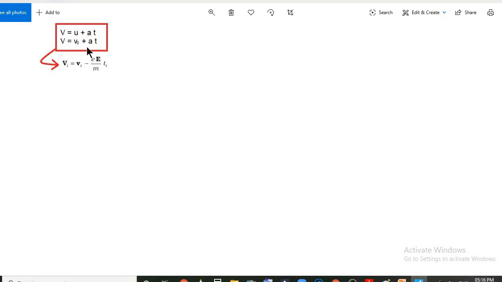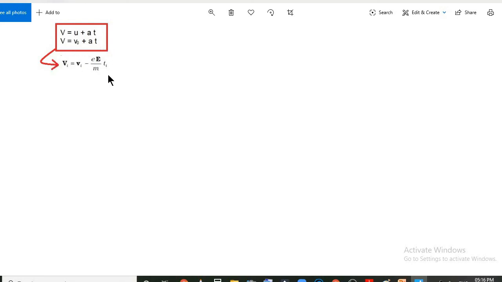Okay, so this equation changes in our case: capital Vi is equal to small vi, capital Vi meaning final velocity and small vi meaning initial velocity, minus acceleration. The acceleration we got is minus eE divided by m, that's why plus became minus, into t. t means time, here ti.